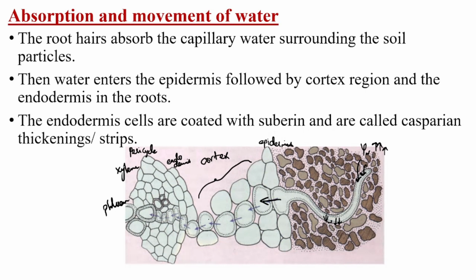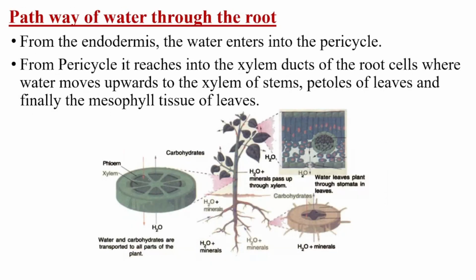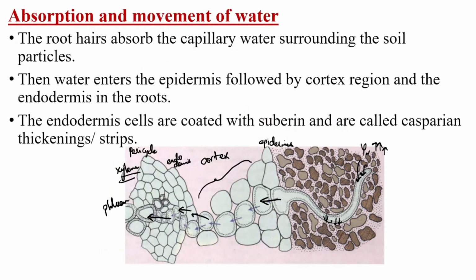From the cortex, it enters into the endodermis. From the endodermis, it enters into the pericycle. From the pericycle, it enters into the xylem of the roots. From the xylem of the roots, it enters into the xylem of the stems. From xylem of stems, xylem of the petioles. From the xylem of petioles, it enters into the leaves. This is the pathway of how the movement of water takes place.